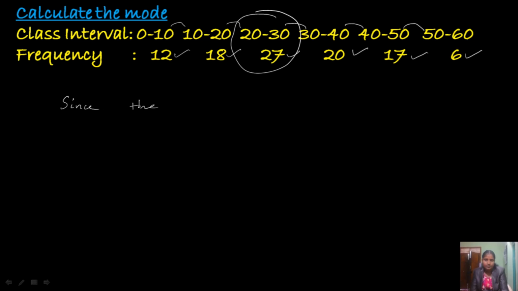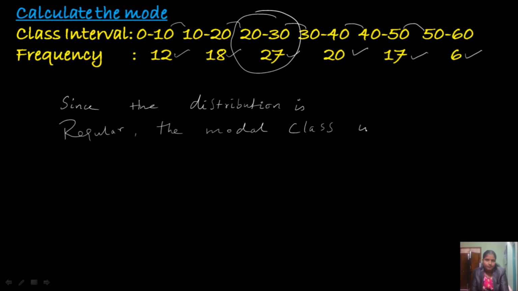Since the distribution is regular, the modal class would be the class having the highest frequency.